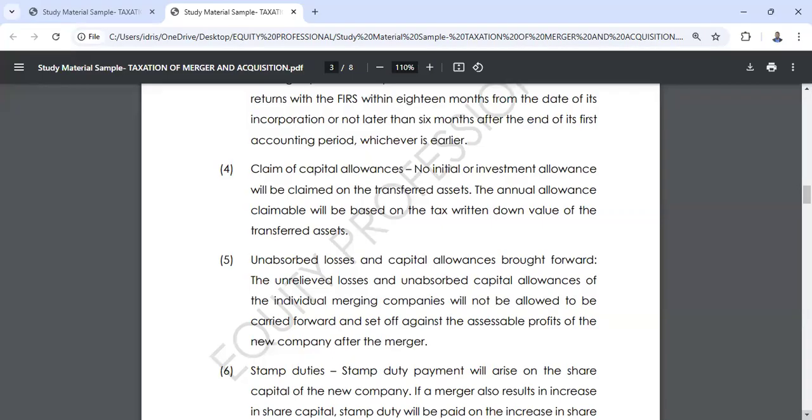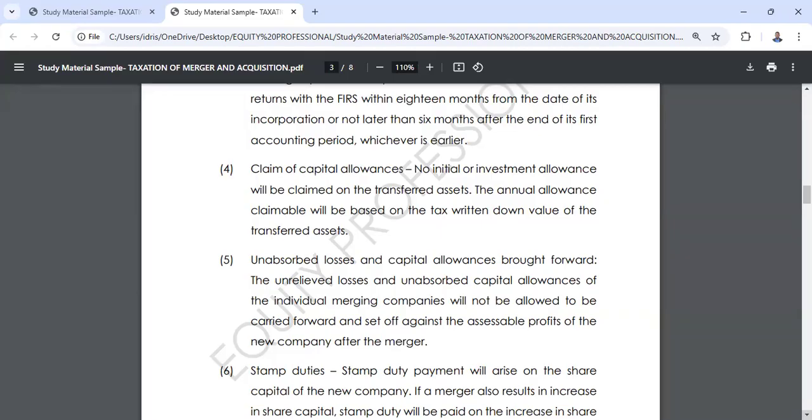What they are saying in essence here is, A and B want to merge together to become AB Limited. If A has unrelieved loss at the time of merger, or they have unclaimed capital allowance at the time of merger, the new company that was just formed cannot take it over.